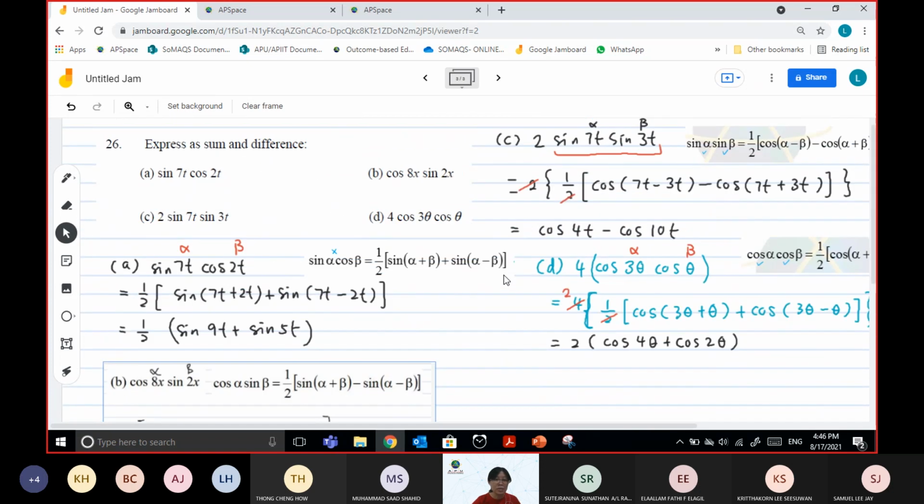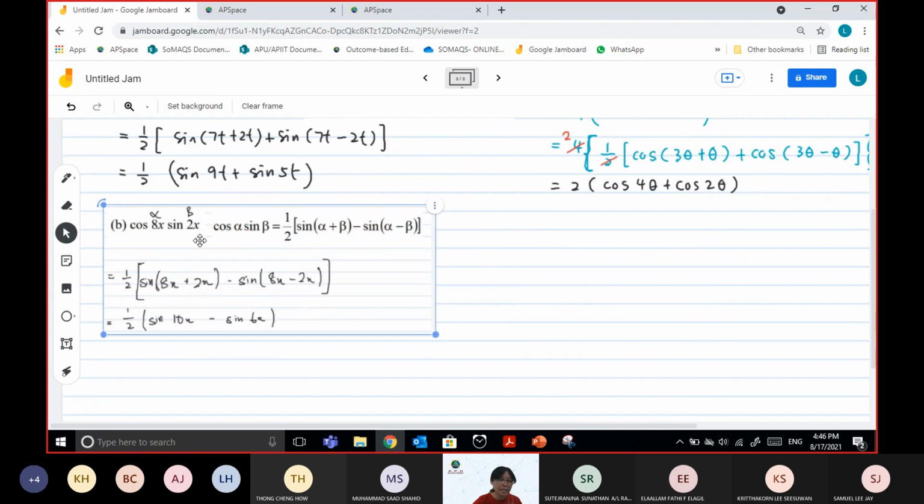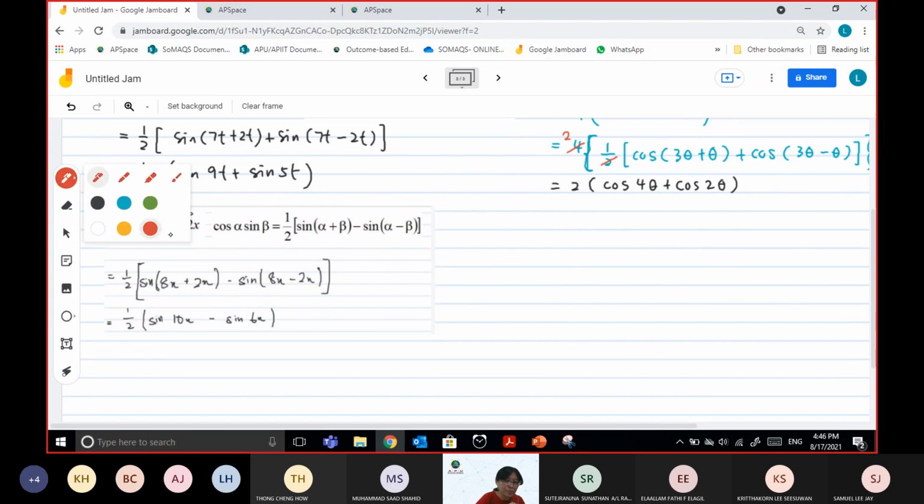So for B it is cos 8x sine 2x, which involves the product of cos and sine. So this is the formula that you should use. Substitute alpha as 8x, beta as 2x. So we have half sine 8x plus 2x minus sine 8x minus 2x. So we have half sine 10x minus sine 6x.